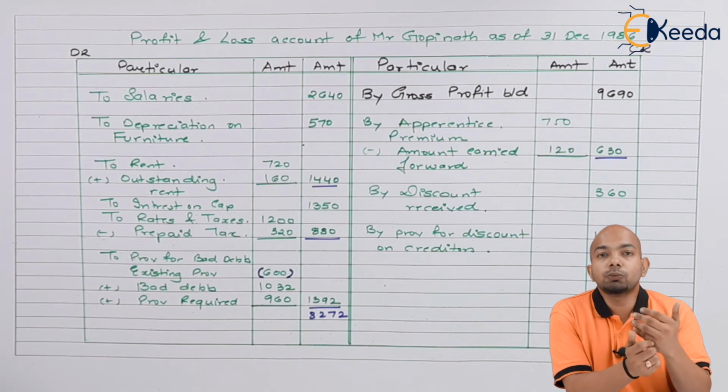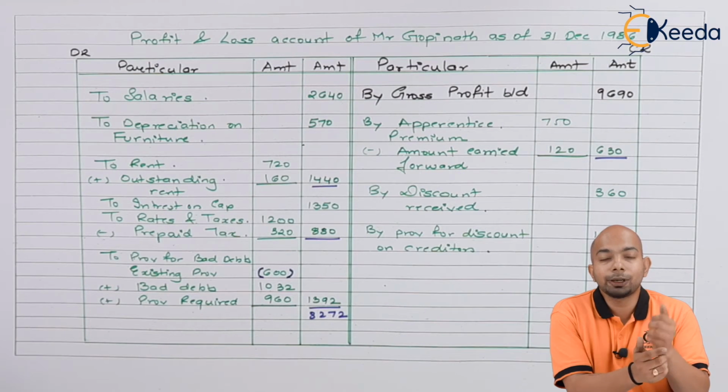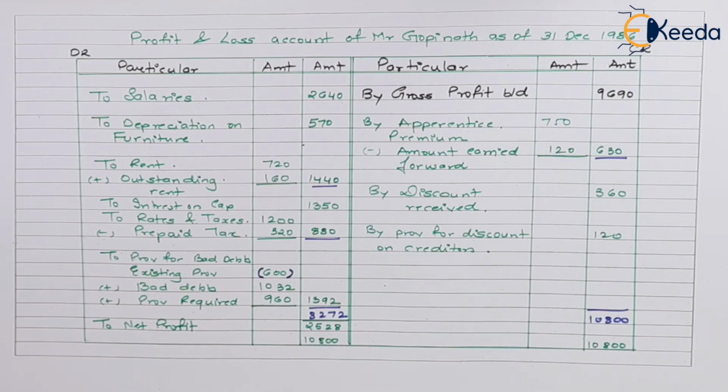That balance will be further moved to the addition of capital accounts. So let's finalize and close this profit and loss account statement, and then we'll go ahead with the preparation of the balance sheet. So with this, we have figured out that 2528 is the amount of net profit which we will have to add to the capital balance. With this, we close the profit and loss account statement.